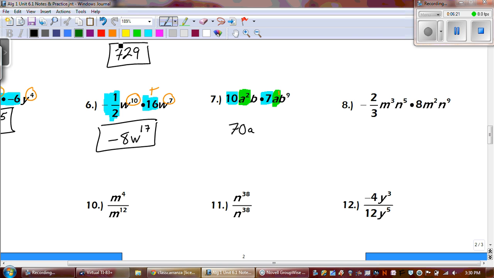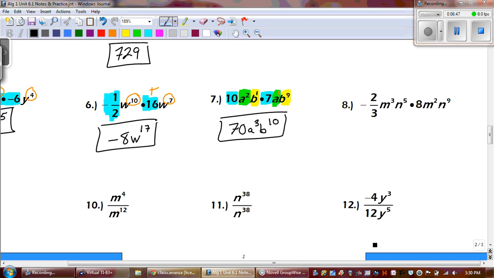So 2 plus 1, we get A to the 3rd. And now we look at the B's. Remember that first B has an exponent of 1. So 1 plus 9, we get B to the 10th. Always make sure to write those in alphabetical order.